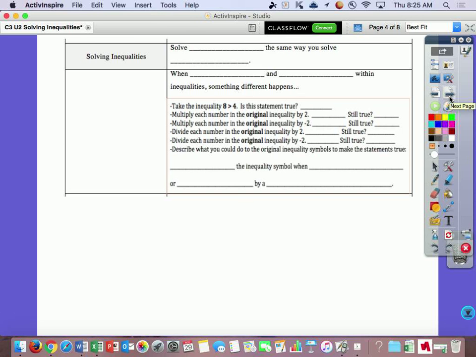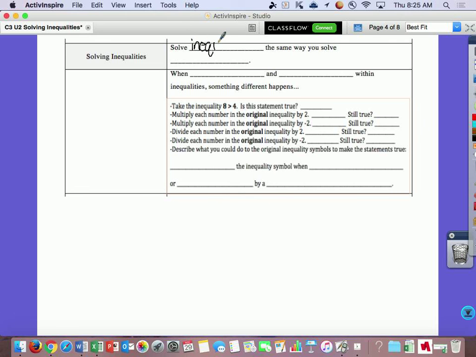All right, so we solve inequalities the same way you solve an equation. Except one thing. When you multiply and divide, something different happens. Okay, I want you to do this experiment.